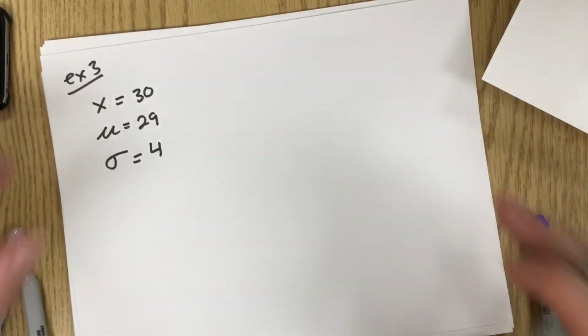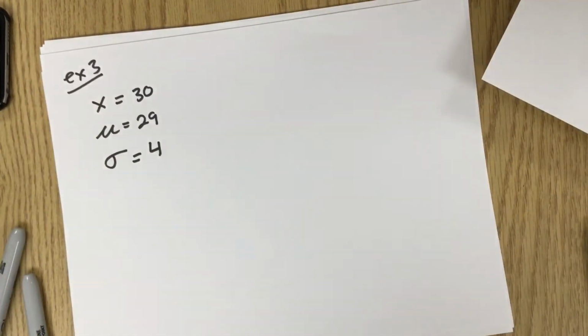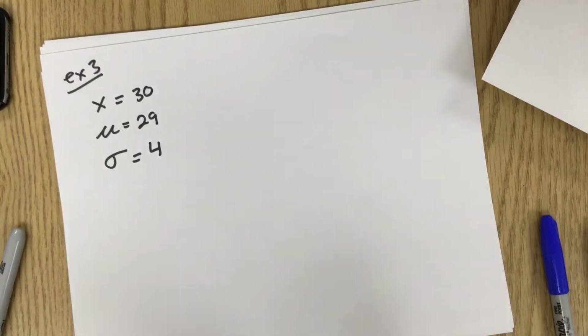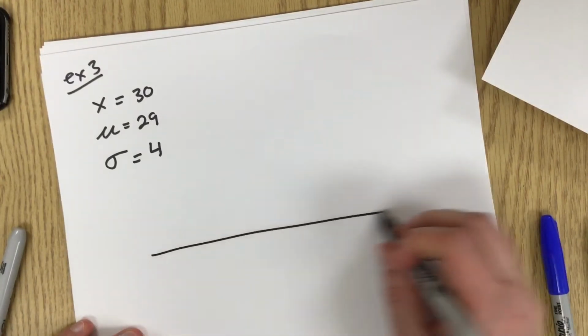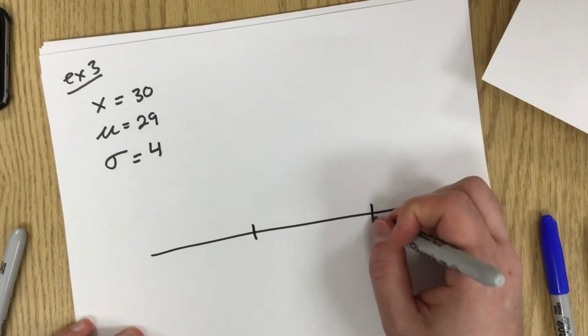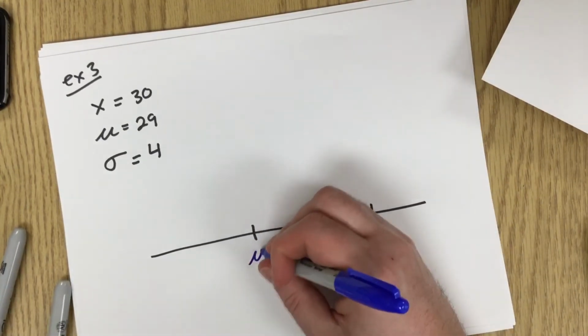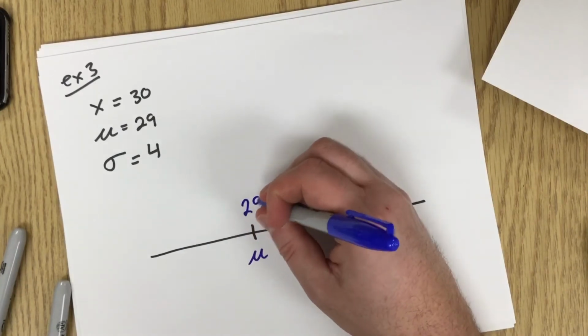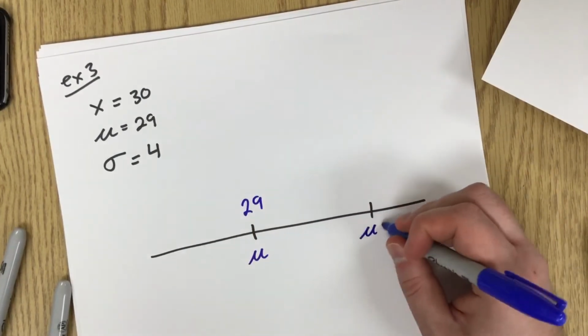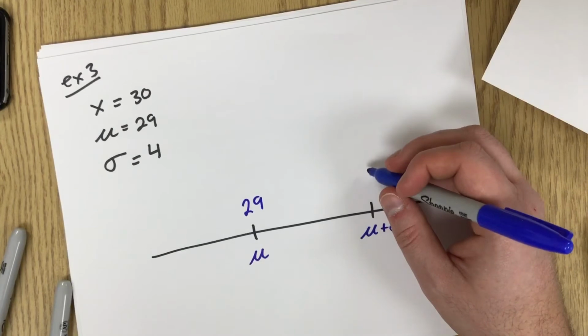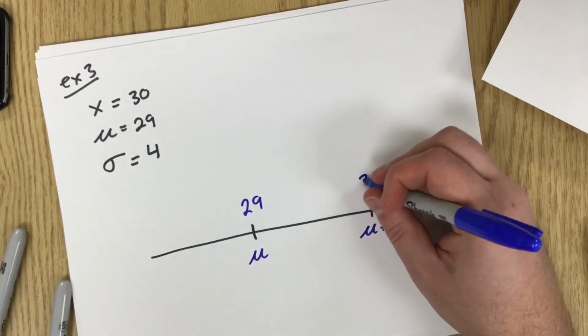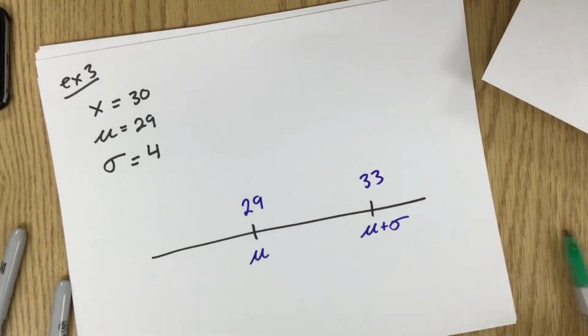So the third example. It has changed. So what we have here is the mean, this is the mean. So the mean is 29. And if we go up a standard deviation, we're going to be at 4 away, so it's going to be 33. But here our x is 30.